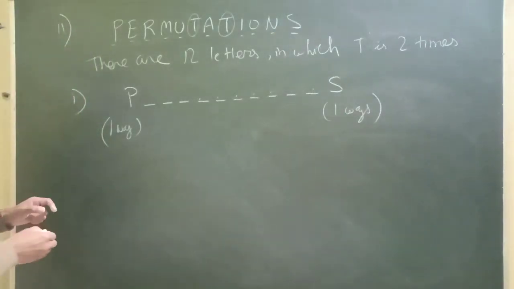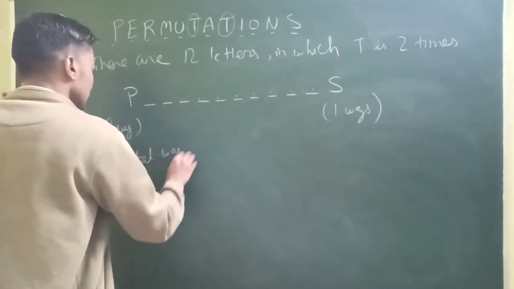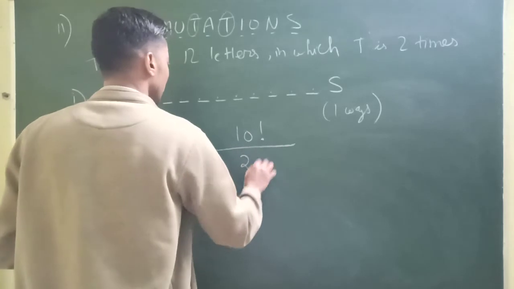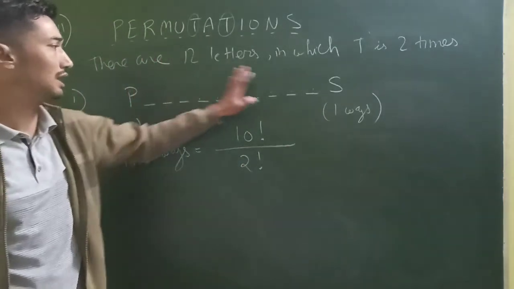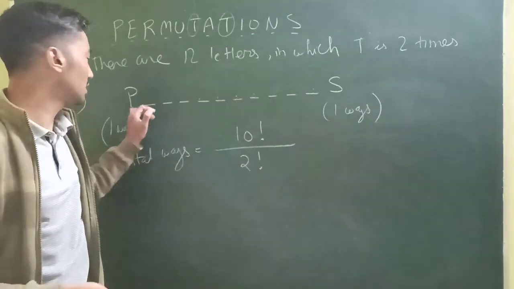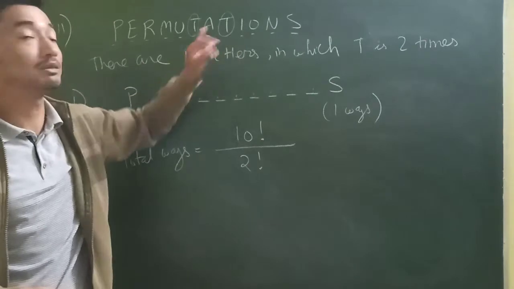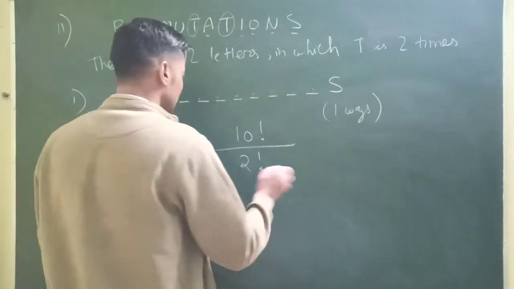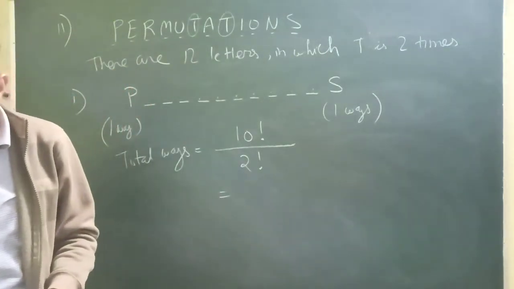So we can write down total number of ways will be what? 10 factorial divided by simple 2 factorial. It's simple as that. We have 10 letters which we have to arrange. These are fixed, one way each, divided by, of course, 2, because T is repeating twice, the theorem that I gave you. If you calculate, you can use your calculators.